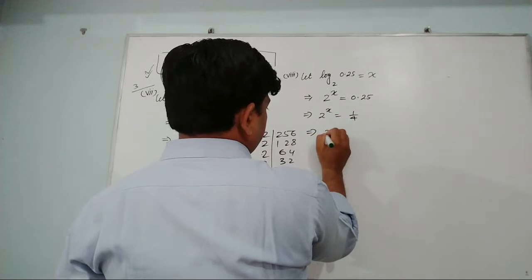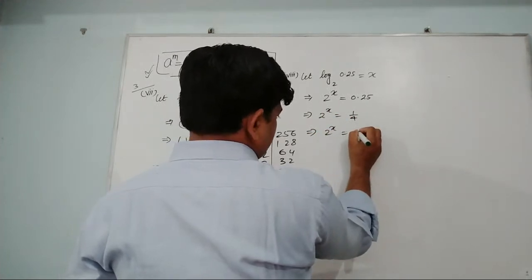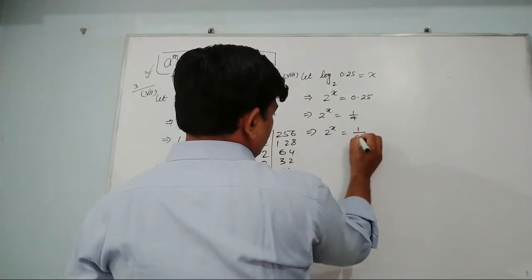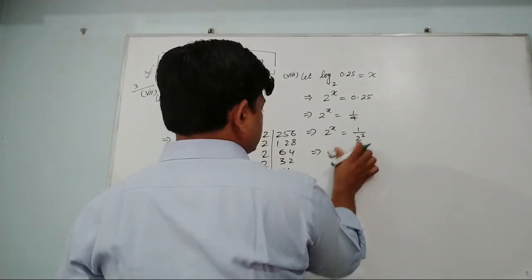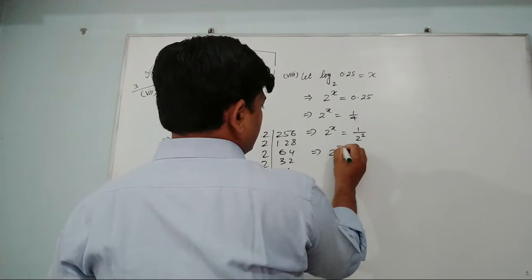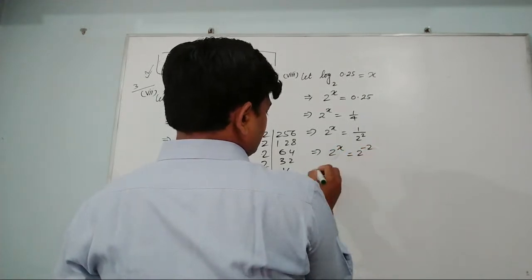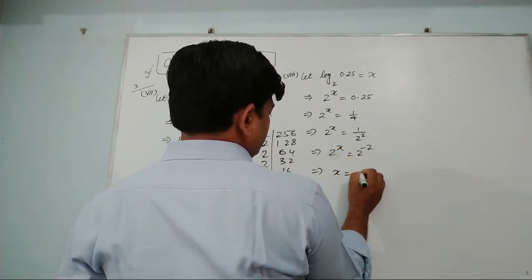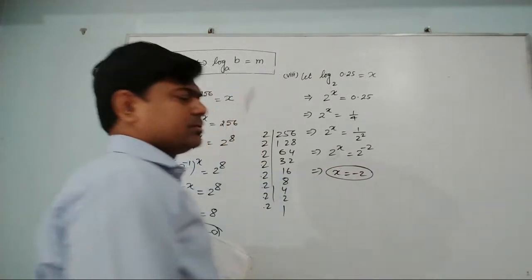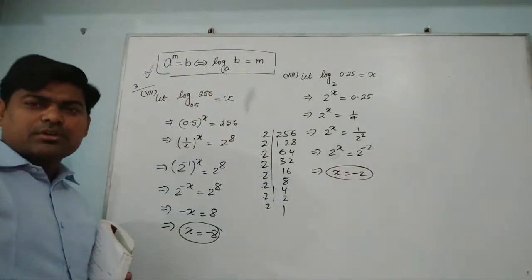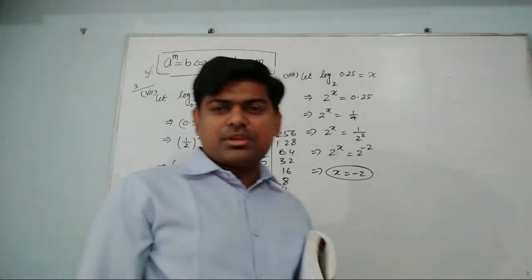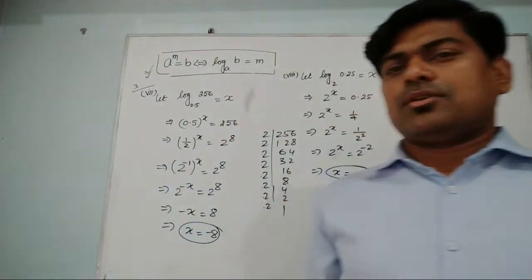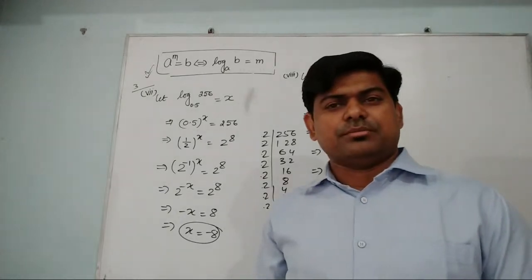It can be written as 2 to the power x is equal to 1 upon 2 to the power 2. It can be written as 2 to the power x is equal to 2 to the power minus 2. Then x is equal to minus 2. Over. Is there any problem? Just tell me. Hope there is no problem.